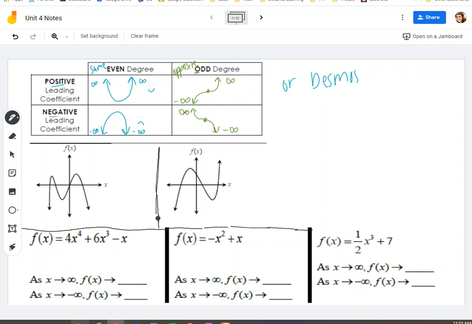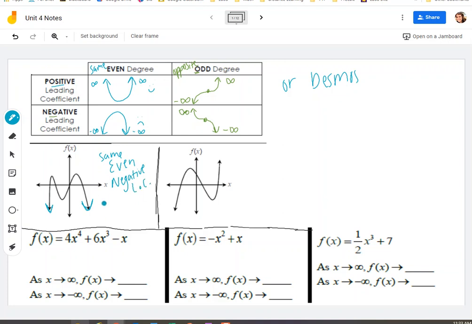Okay, so this first one that I'm looking at, I see both ends are down and the ends are same. So same is going to have to be an even degree, and if they're both ending down, it's got a negative leading coefficient.